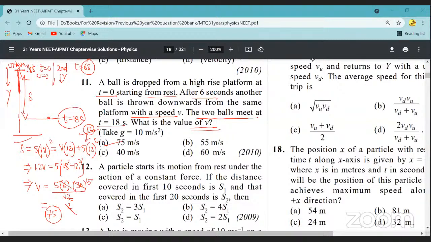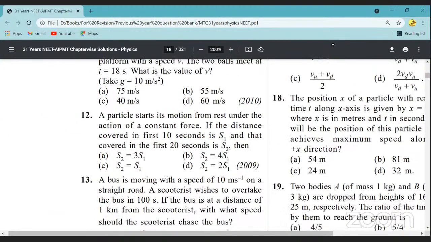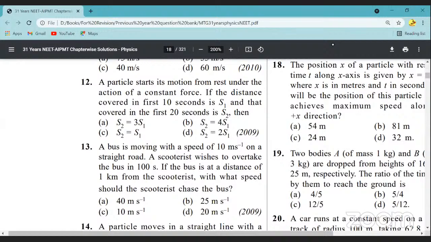Question number 12 and 13. Option B. Who said it? Kamlesh. Sir, D. Kamlesh Sahu or Kamlesh Patra? Sahu. Okay, question number 12.